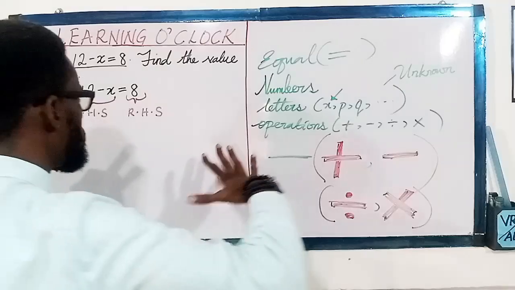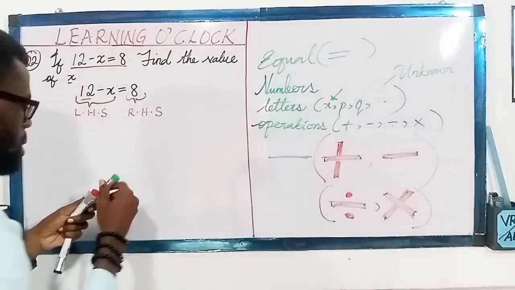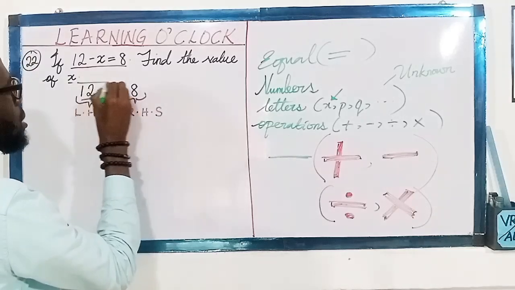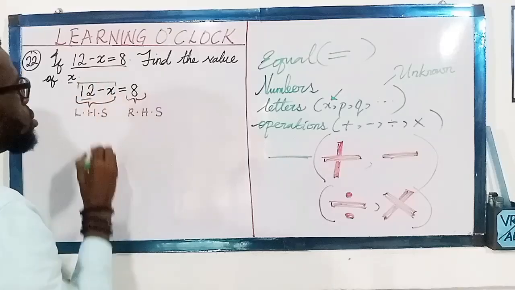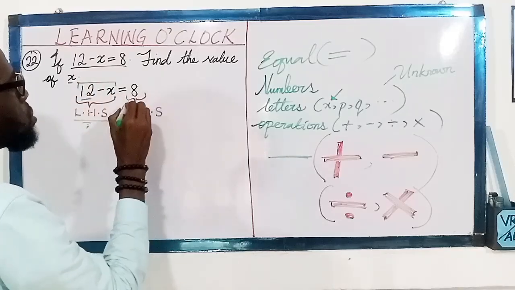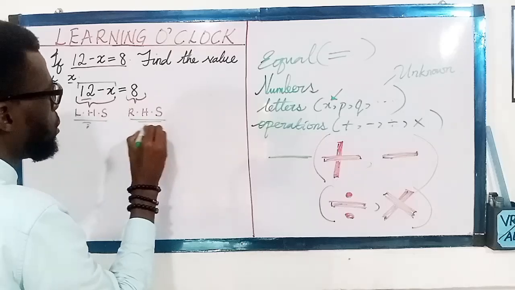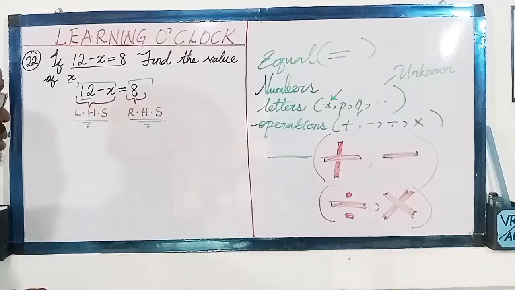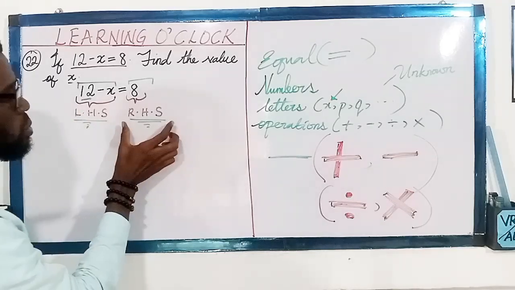The equation has a way of creating a balance. That means whatever is on this left hand side must be equal to whatever is on the right hand side.